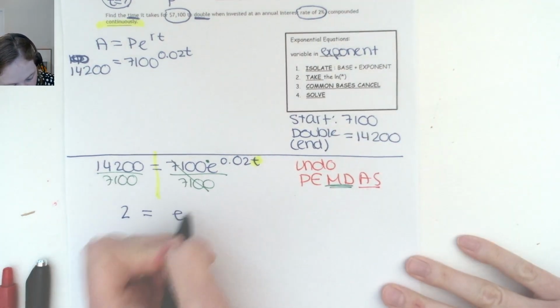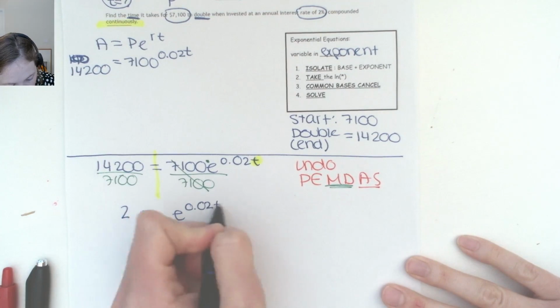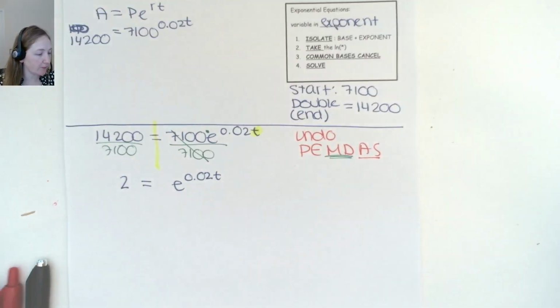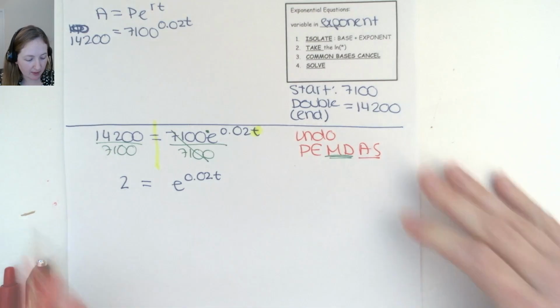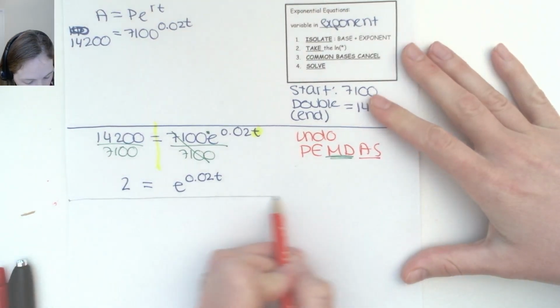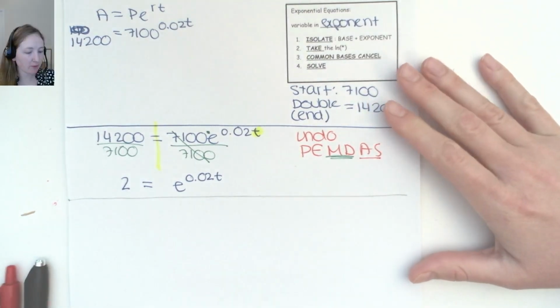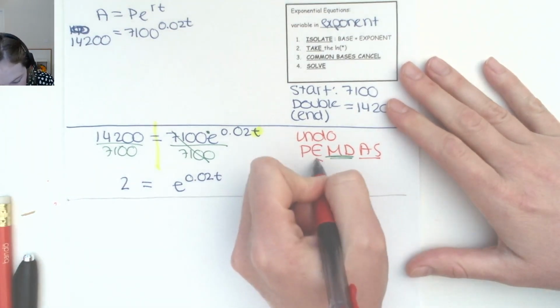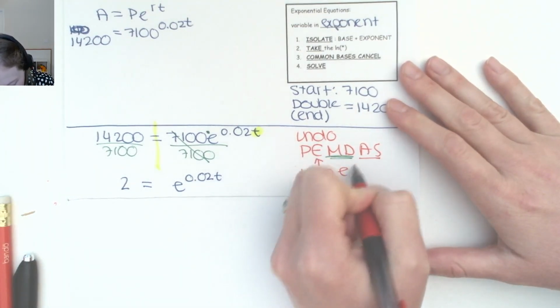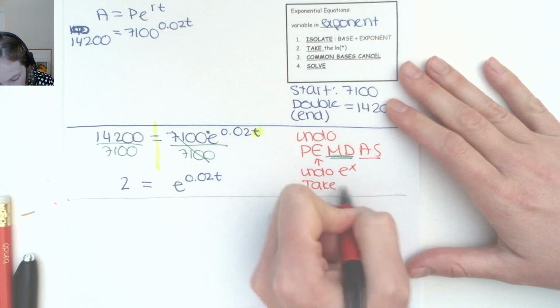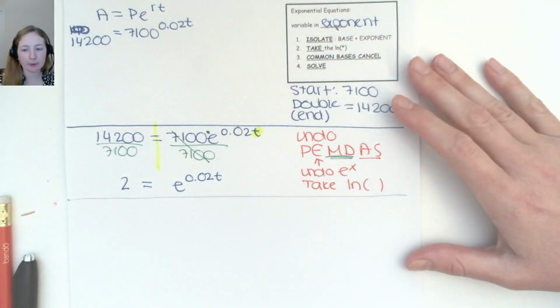And then on the right hand side, we have e to the 0.02t. All right, so I say, okay, I'm trying to undo PEMDAS. I have undone the multiplication and division. Now I simply need to undo the exponent. To undo e to a power, we are going to take the natural log of both sides.